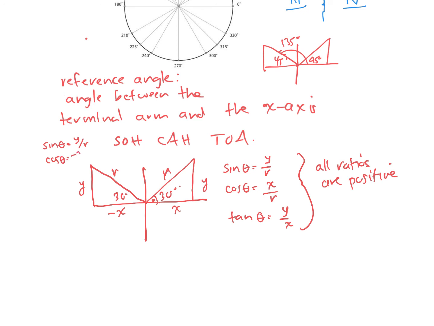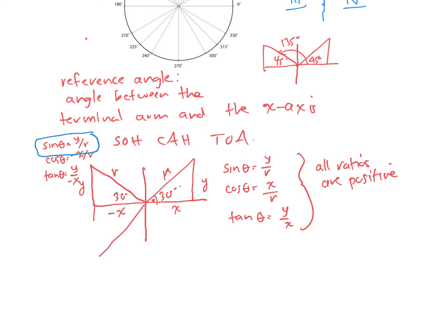Cosine is x over r, and x is now negative, so cosine is negative in quadrant 2. And tan is y over x, and the same thing: tan is negative because y is positive but x is negative. So the only ratio that remained positive was sine.